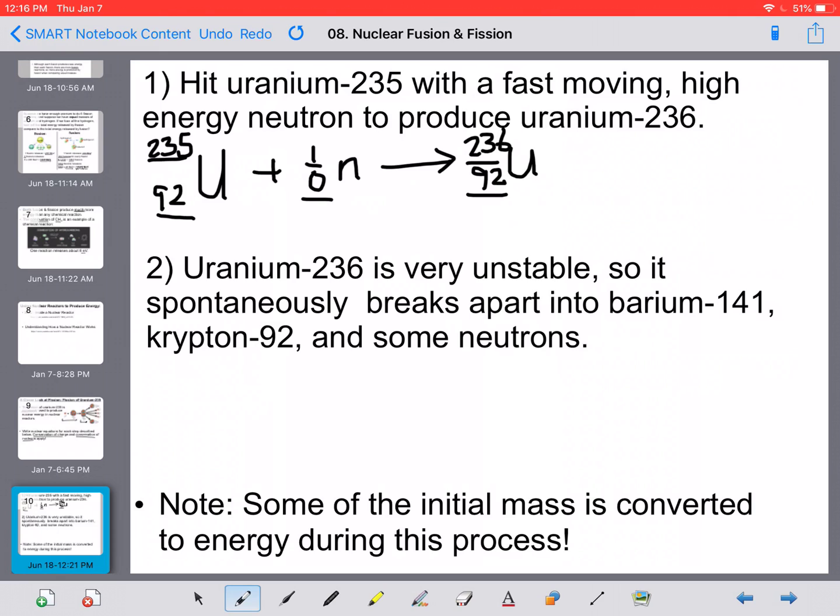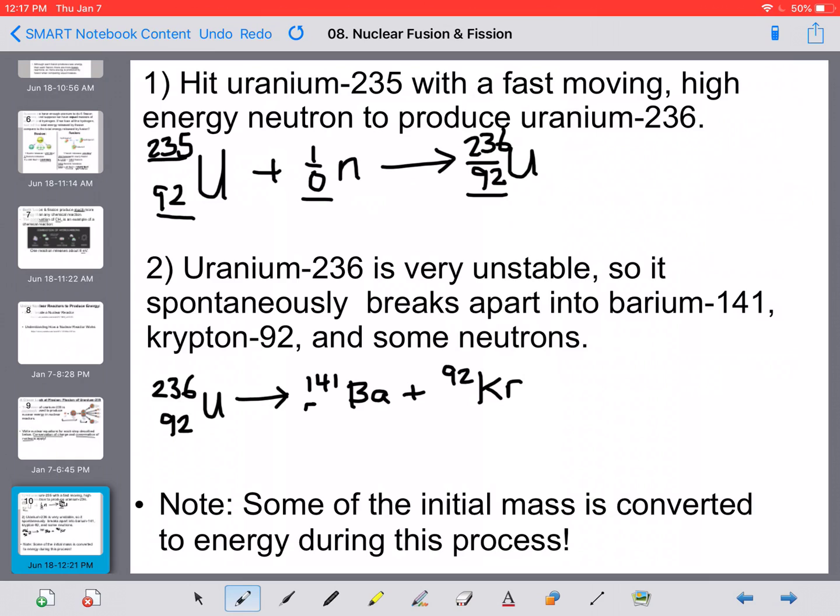Now step 2 says uranium-236 is very unstable, so it spontaneously breaks apart into barium-141 and krypton-92. So I'm just going to write down the symbol for uranium-236 again, and this is breaking apart into barium-141 and krypton-92.